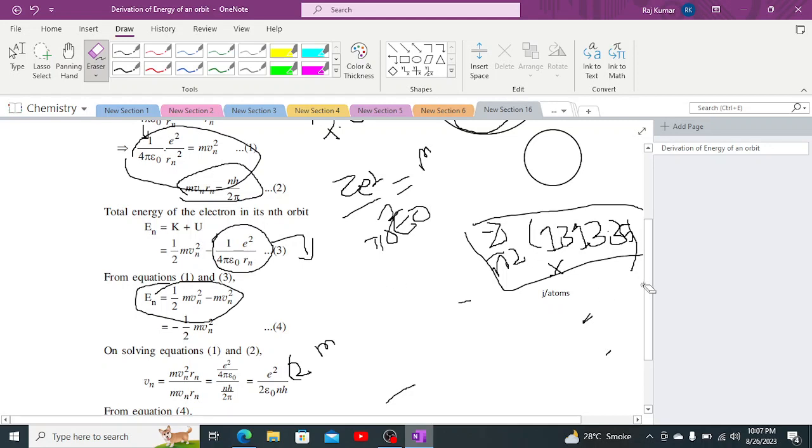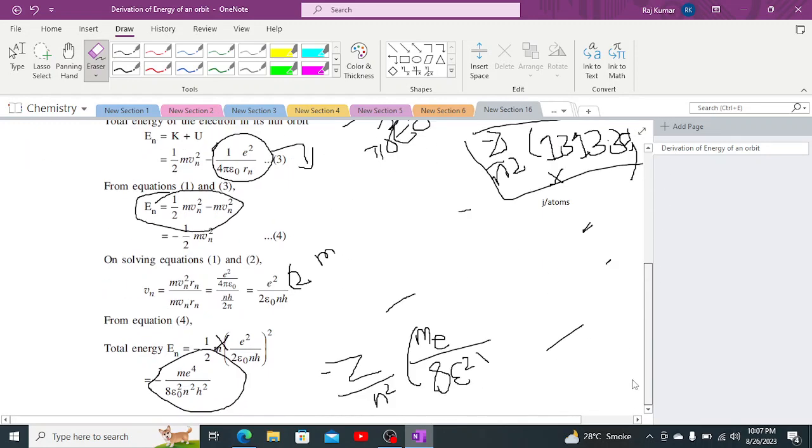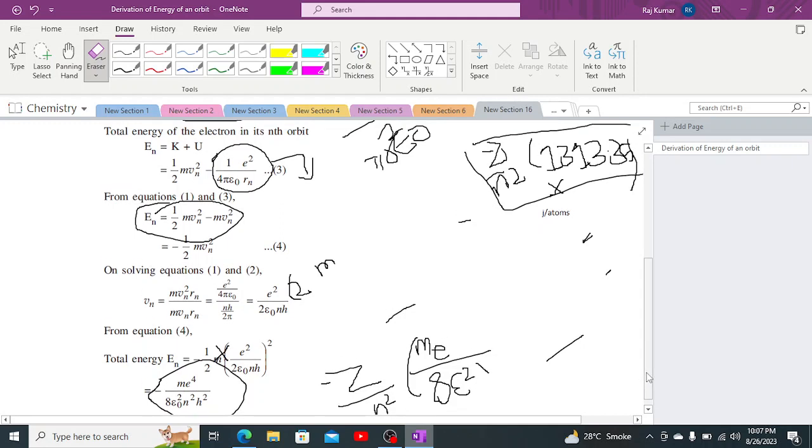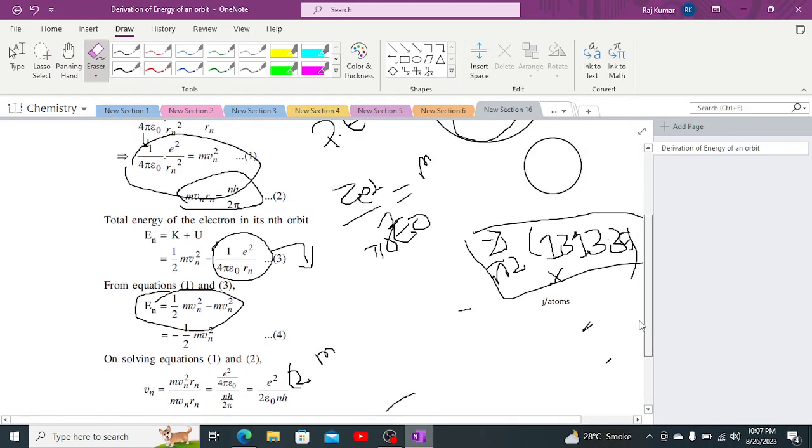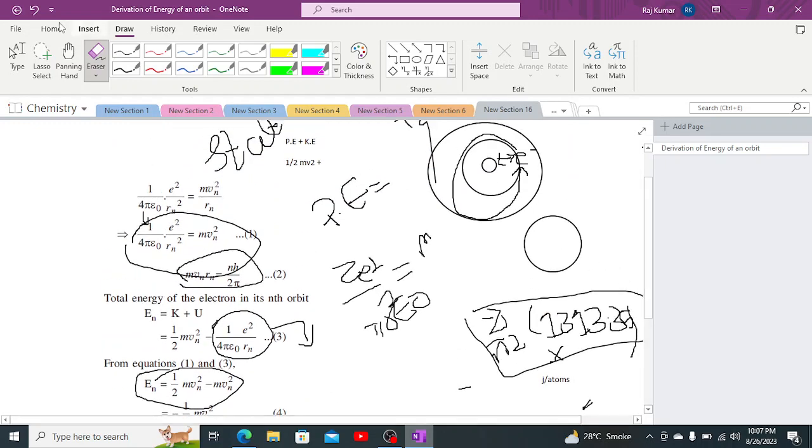And there are some MCQ points as well: if the number of orbits is increased, energy is decreased. If the protons are increased, energy is increased. These are some simple MCQs that we can calculate by physics. And that's quite evident, as you can see in the diagram as well.